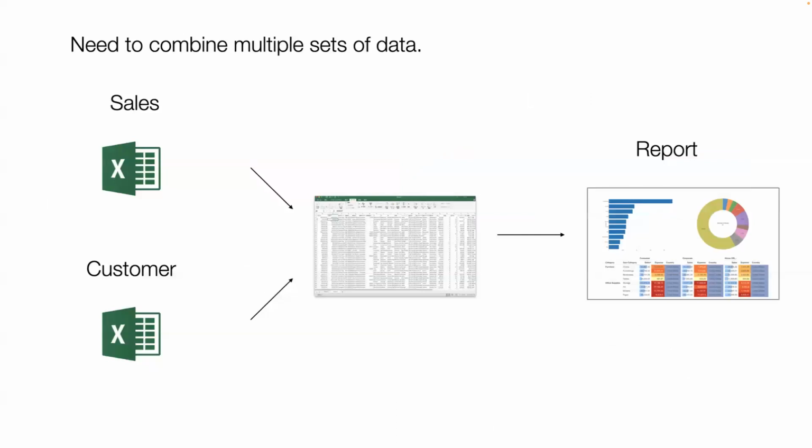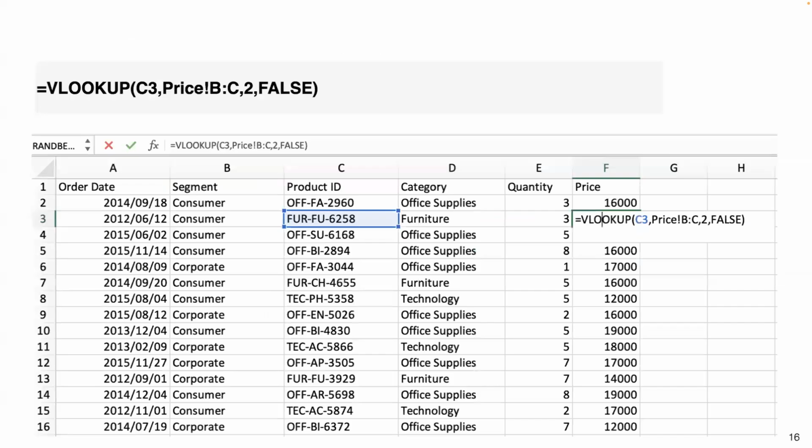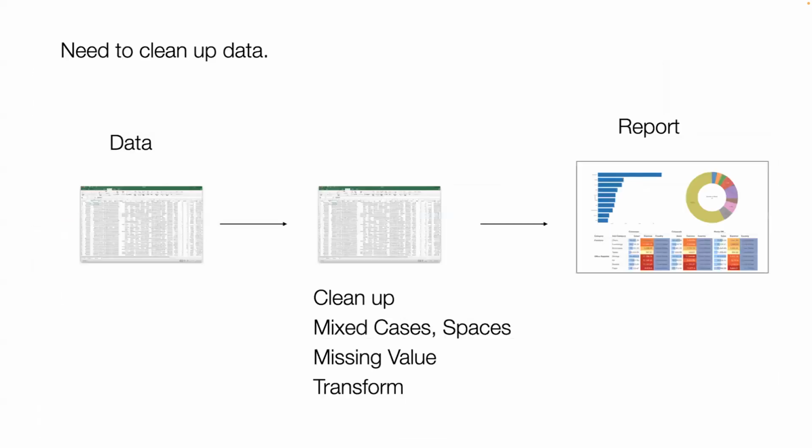So a lot of combining, joining, or merging of the data happens often, and that complicates the process. And typically in Excel, you use something like VLOOKUP to merge the two data sets or two Excel sheets. But this is a kind of complicated process.